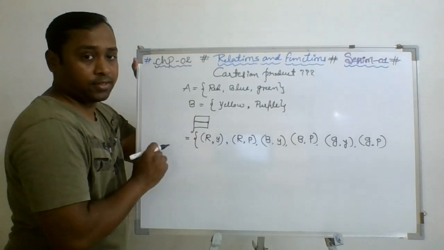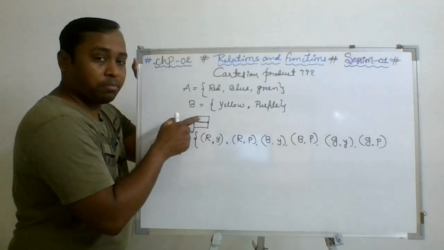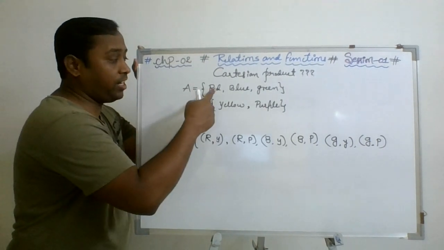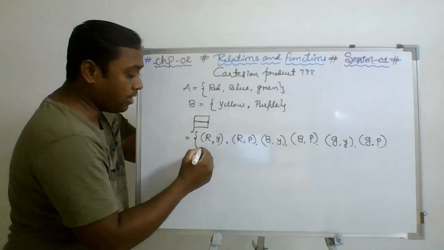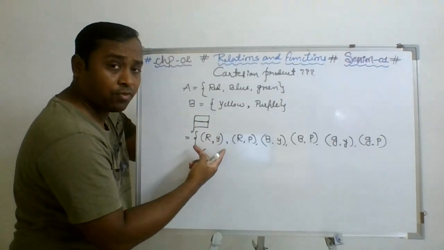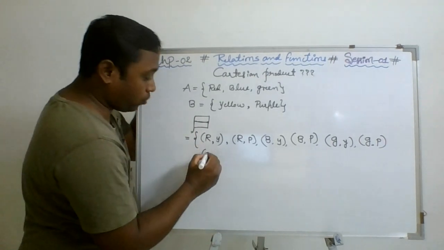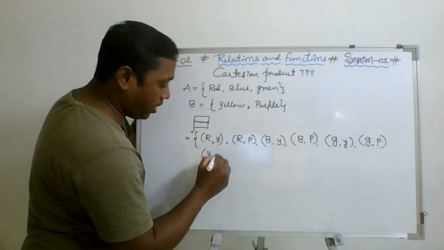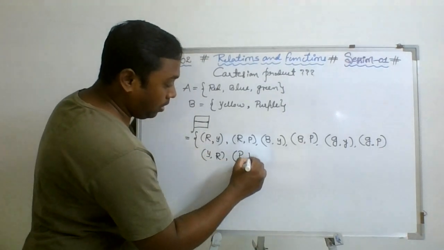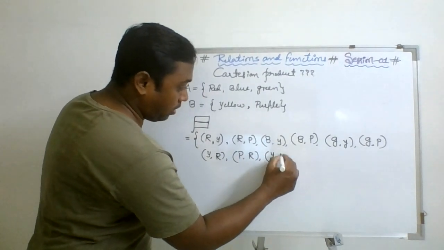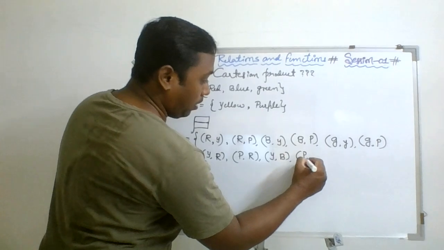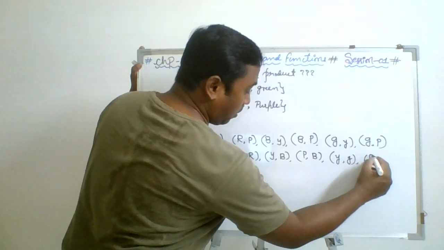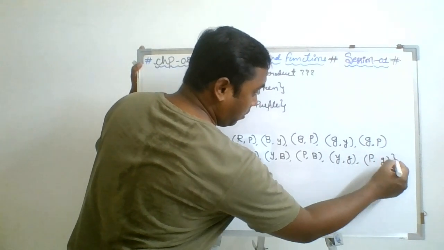If I reverse the colors, it means the first block is filled with yellow and the second block is filled with a color from set A, then these two colors are reversed. It will generate a new flag. So the new flags, just by reversing the order, are Y, R; P, R; Y, B; P, B; Y, green; P, green.